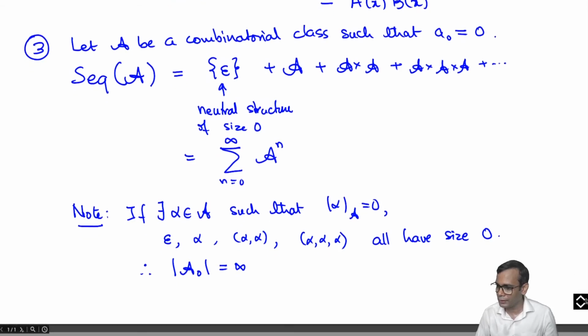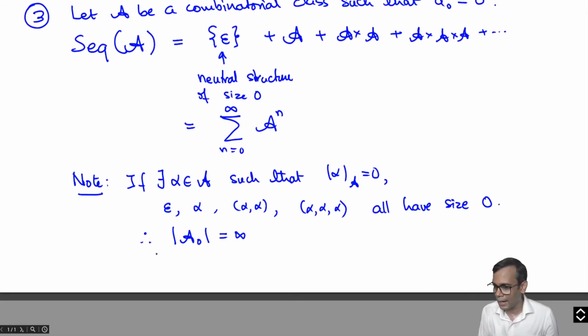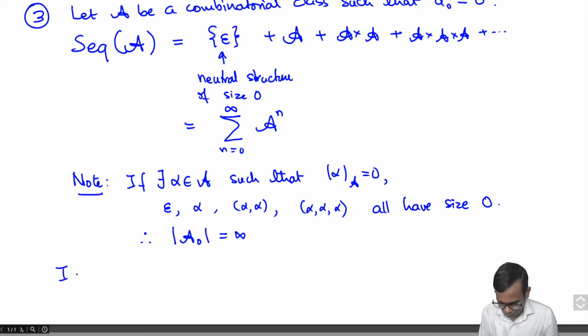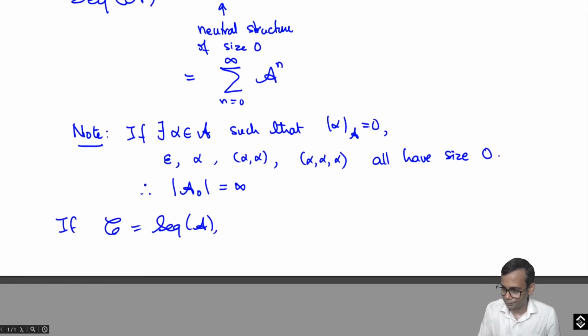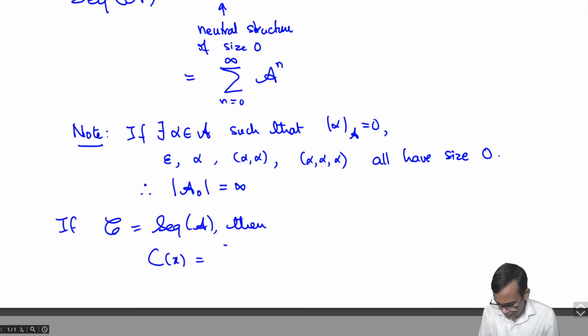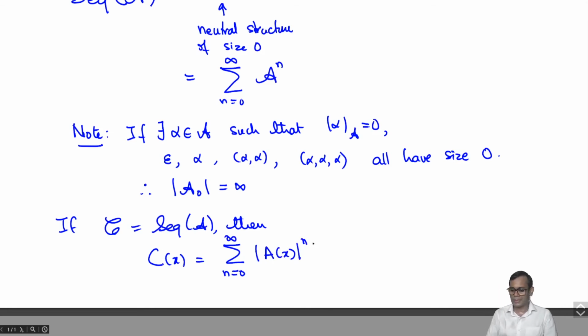And what we have here is that if C is equal to sequence of A, then Cx is the sum, n goes from 0 to infinity, of ax to the power n. And this we've seen, this ax is going to be a formal power series with 0 constant term because of this condition that a0 is 0.